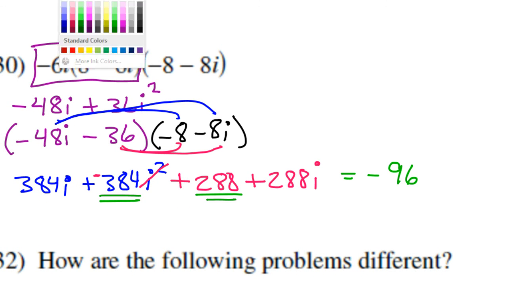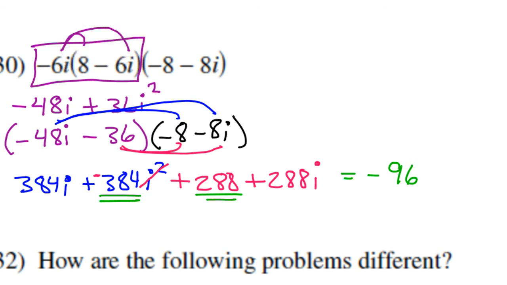And now my other like terms, I've got 384i and 288i. 384 plus 288 is 672, so that'll be all positive 672i.